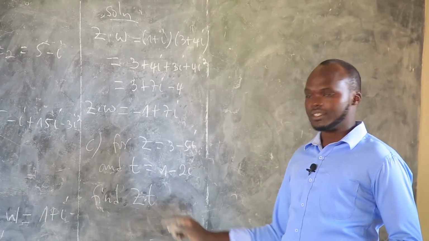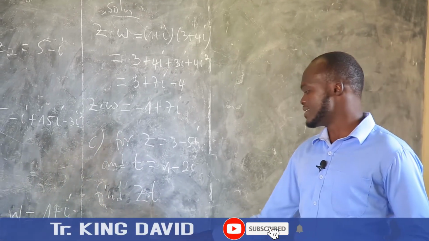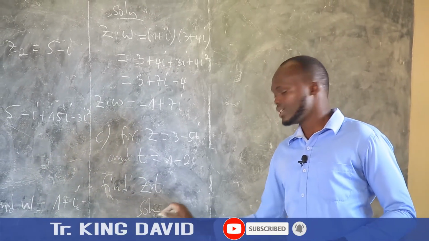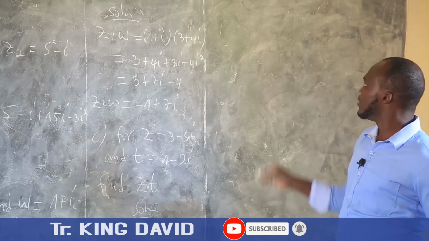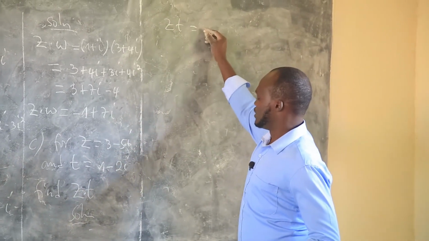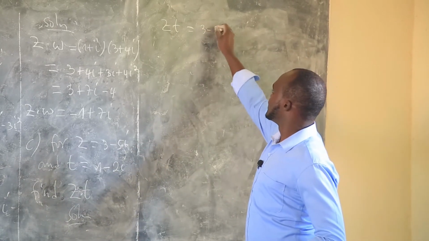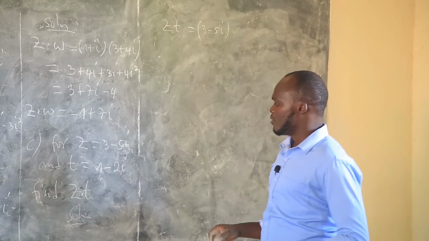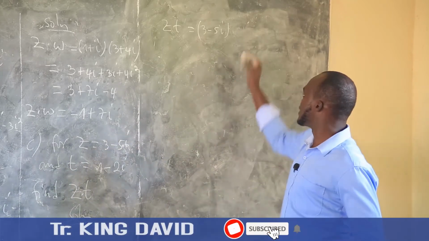So z times t. How are we going to find z times t? We have the value of z, which is 3 minus 5i. We have this value of t, which is 1 minus 2i.